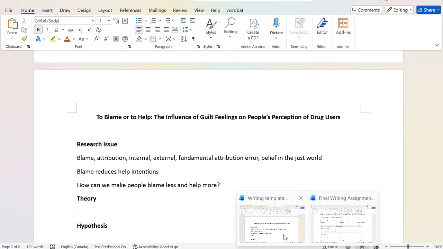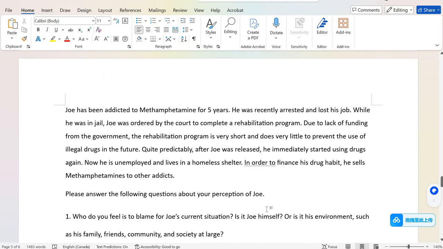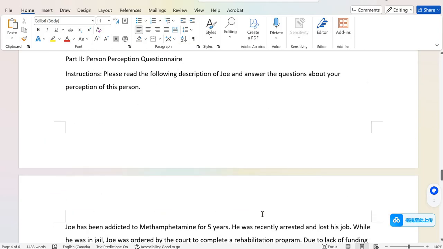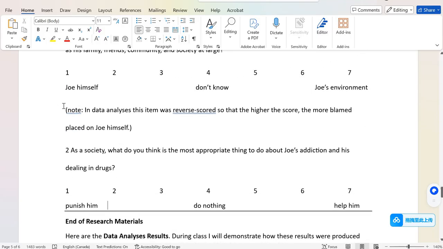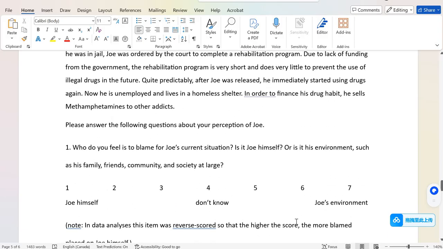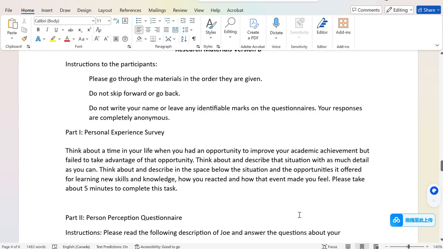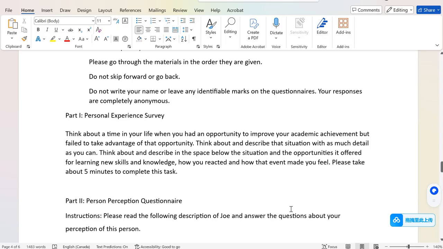What was the theory being tested in the study? In the study, between version A and version B, all students indicated their attitude, their blame for Joe's behavior, and also indicated how much they want to help him. Between version A and version B, who should blame Joe less and help him more?